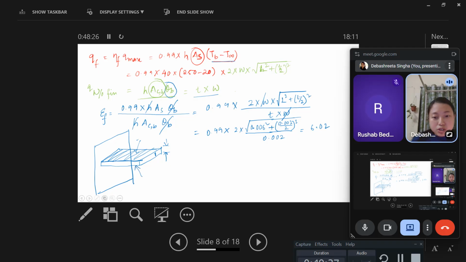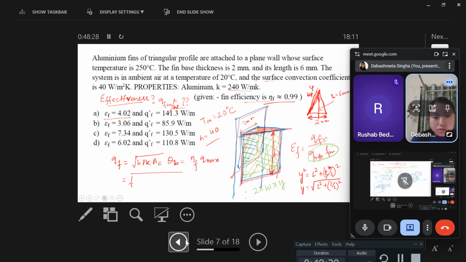But in this question, this dimension is larger compared to the top and the below surface. That's why they have considered the surface area as this. So you need to see which one you should consider.